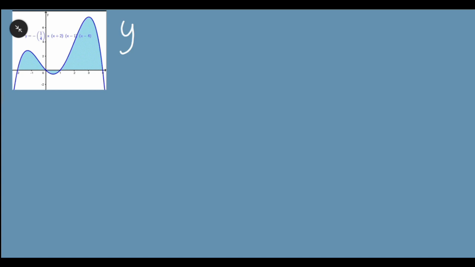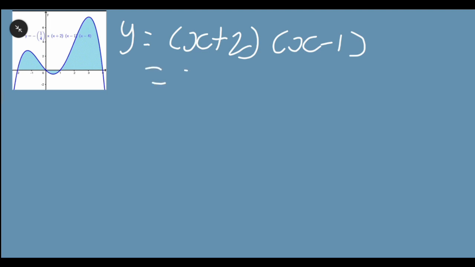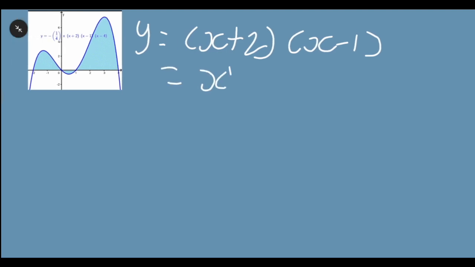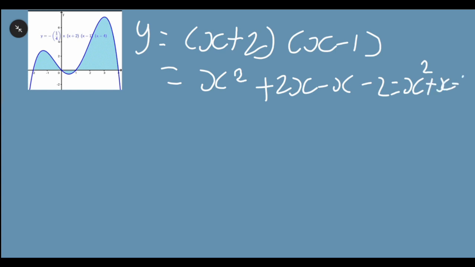So y is going to equal to, we'll do x plus 2 and x minus 1 first, which is going to equal to x squared plus 2x minus x minus 2, which is going to equal to x squared plus x minus 2.